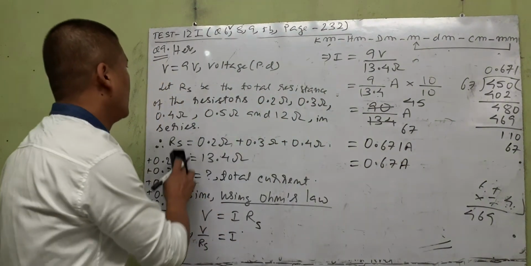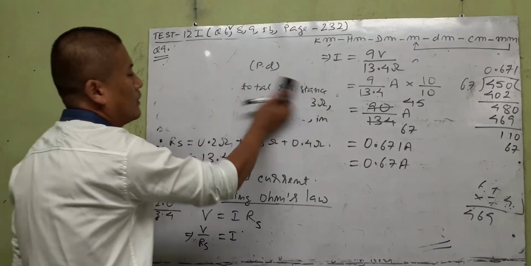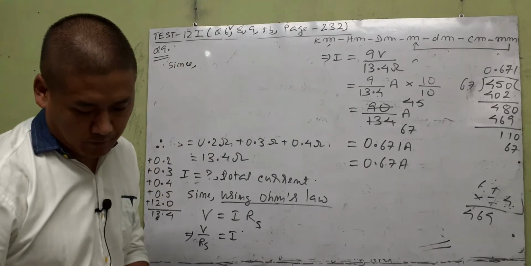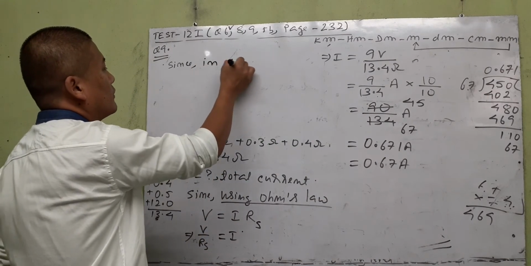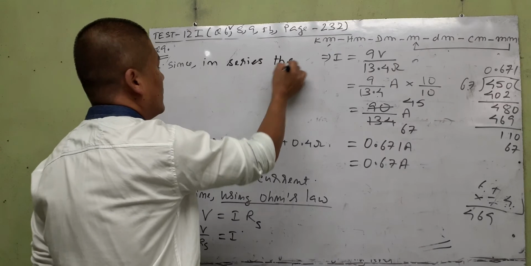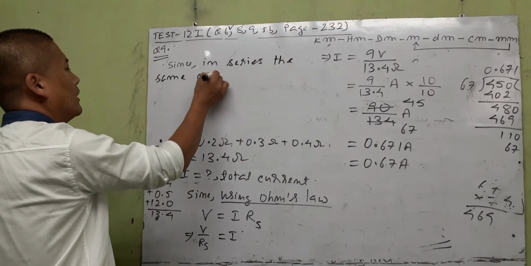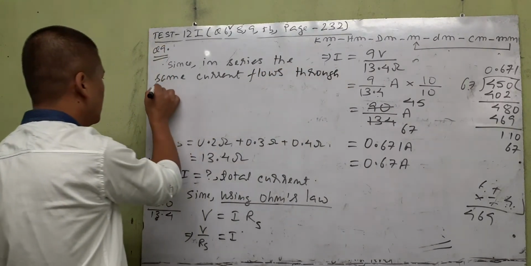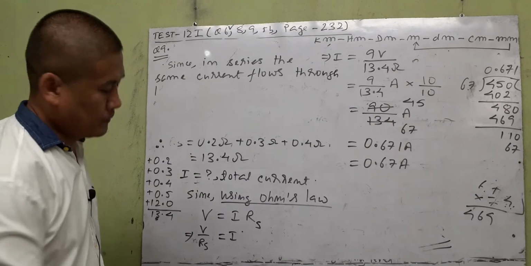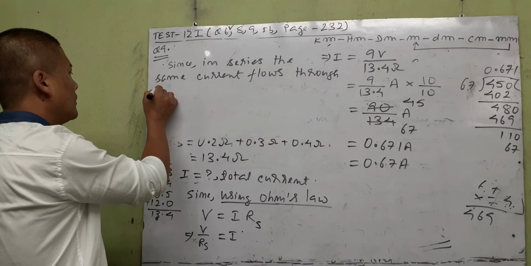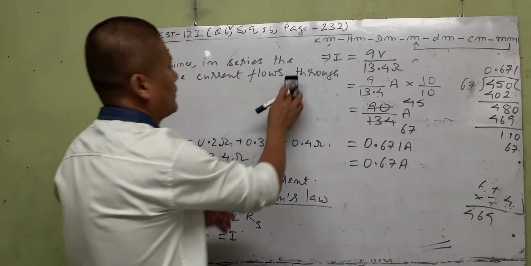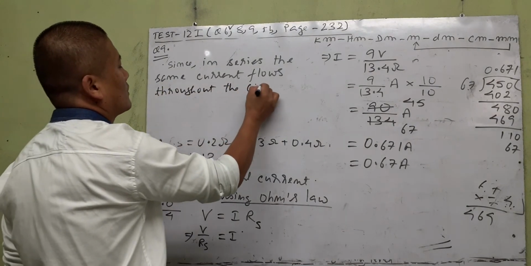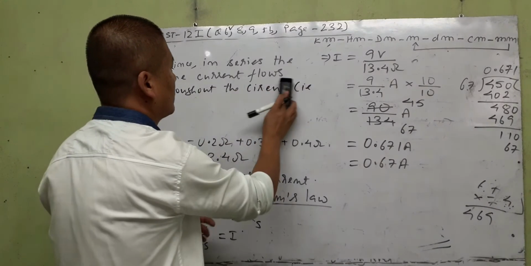Now we have to write this. We learned in some classes ago, and we have explained this before also, that in series the same current flows throughout the circuit.